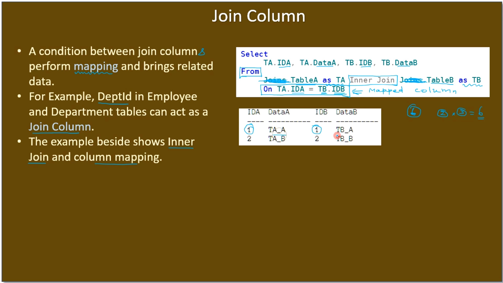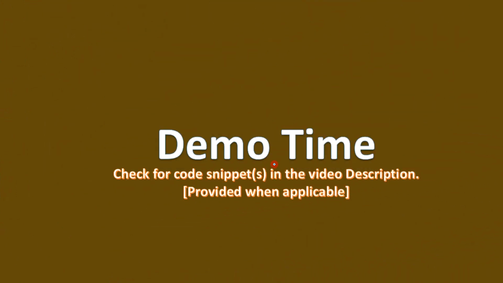Then we bring the data. Similarly, 2, and we bring the data. So table B contains one more row with ID 3 that gets missed. Why? Because the row with ID 3 doesn't exist in table A, so that specific row is skipped by means of inner join. Alright, now we will go to the demo and see this in action.